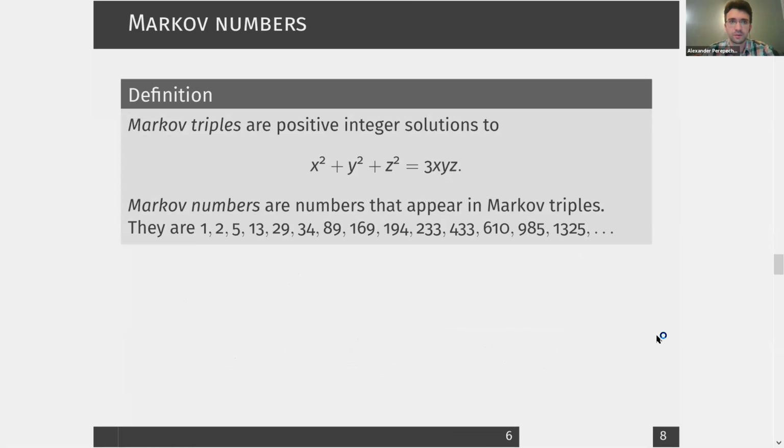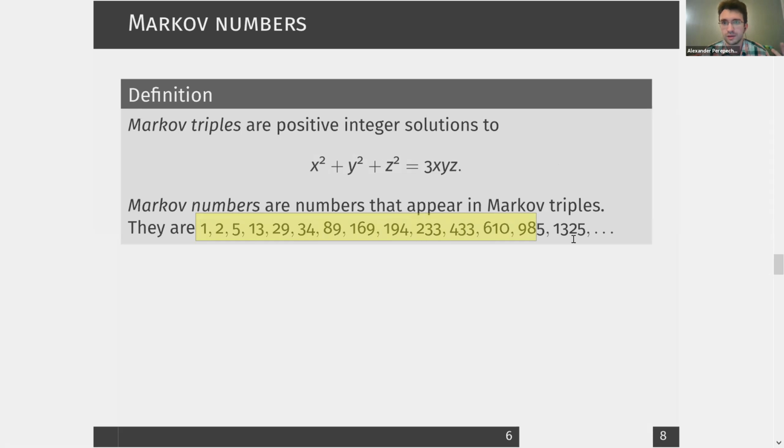For that we have to remember what the Markov equation is. It's the affine equation introduced by Markov in the 19th century: x squared plus y squared plus z squared equals 3xyz. Its positive integer solutions are called Markov triples, and numbers that appear in these solutions are called Markov numbers.